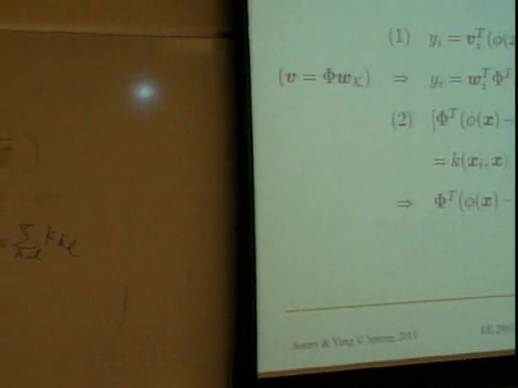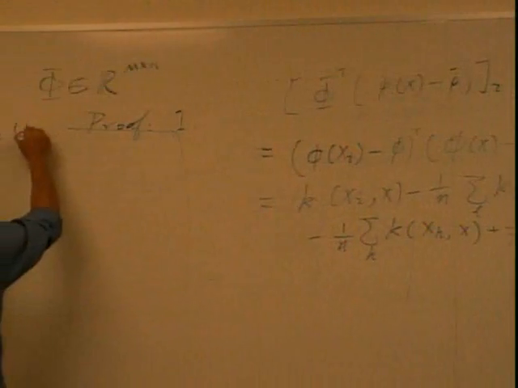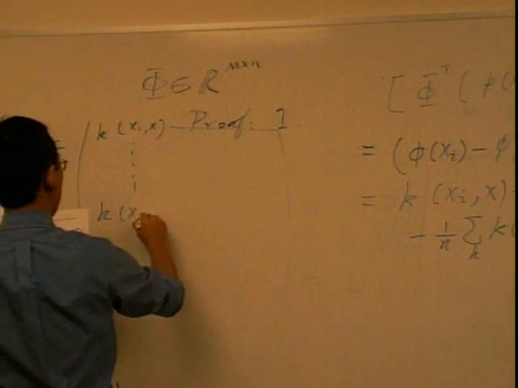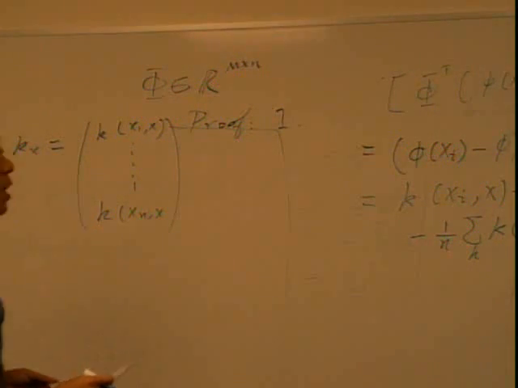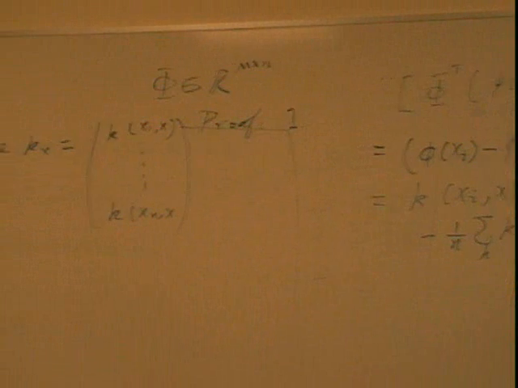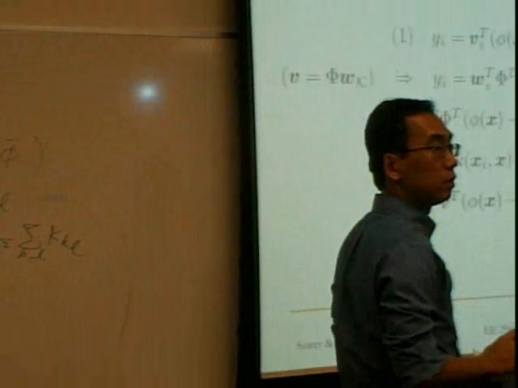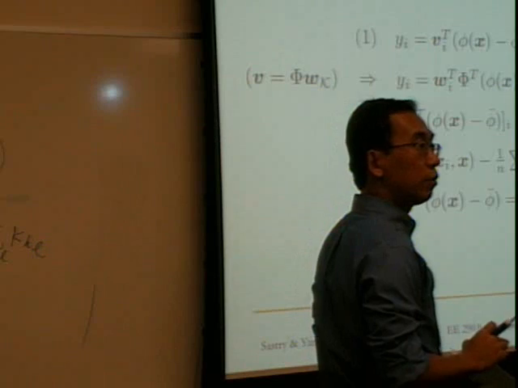Define this one equal to k(x_1, x) up to k(x_n, x). And then this vector is equal to the right-hand side. You can also similarly check using the technique that we have just discussed. Okay? Any questions?